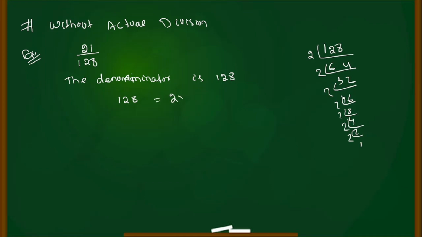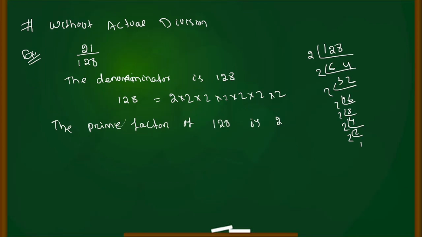So it equals 2 into 2 into 2, 7 times 2, yes or no? Okay, so now we can write the prime factorization of 128 is 2, 7 times. Yes or no?